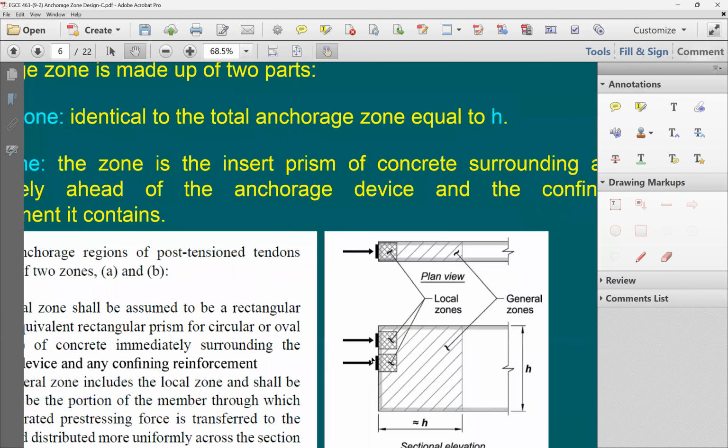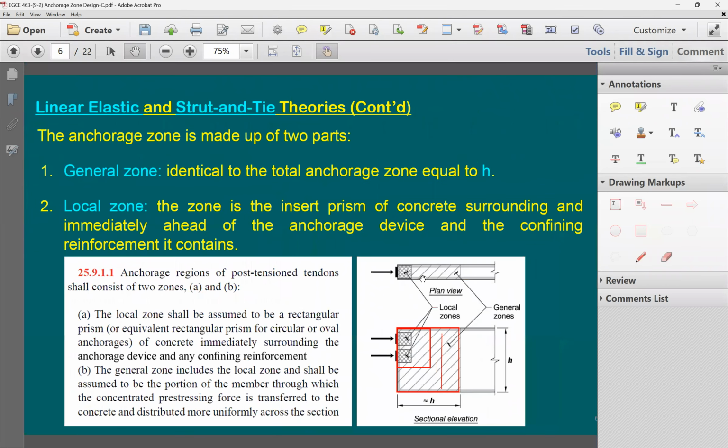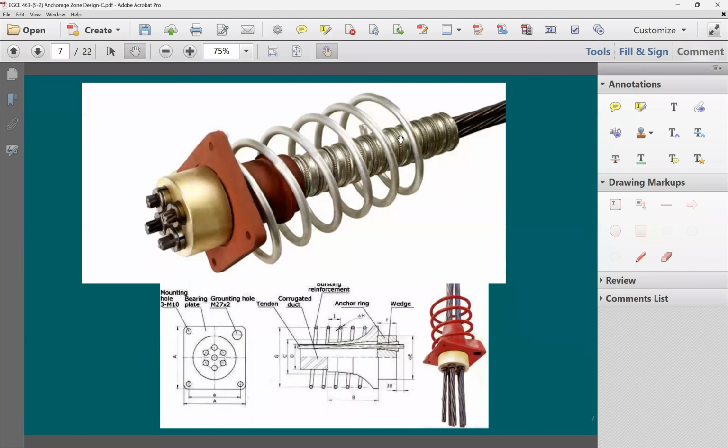So right here in the local zone, you're going to have this tie, the spiral tie, and the job of the spiral tie is to resist the local tensile stresses. So the big tie that I'm going to put here in the beam is to resist the stresses in the general zone. But when it comes to this very local zone, we're going to be using this spiral that comes with this bearing. It comes with the anchorage.